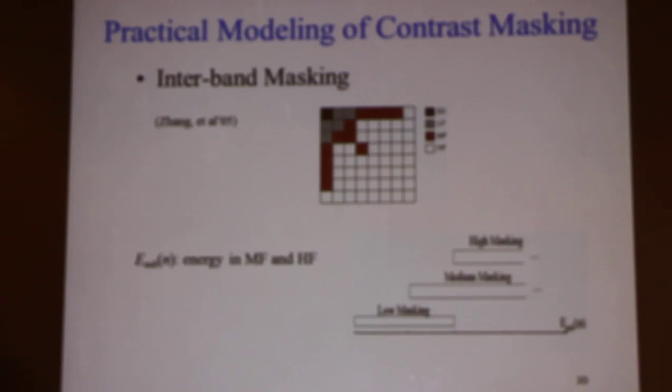Inter-band means other frequency components may also matter. If there is more frequency masking there, actually the visibility drops as well. Okay, this is just some engineering solution to the masking. The more activity in the block, the higher the masking effect.